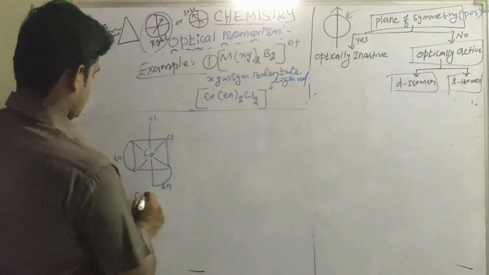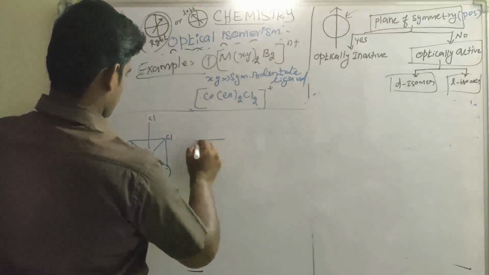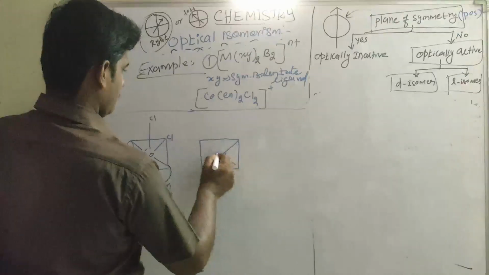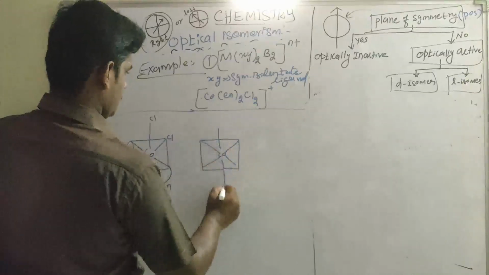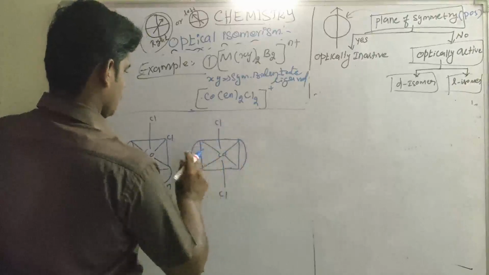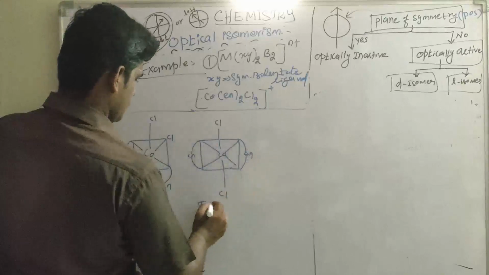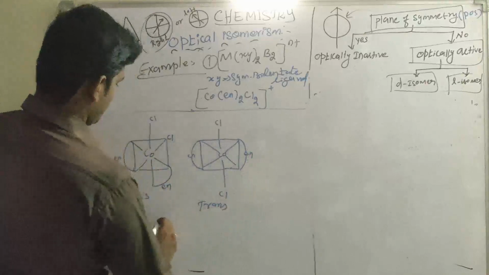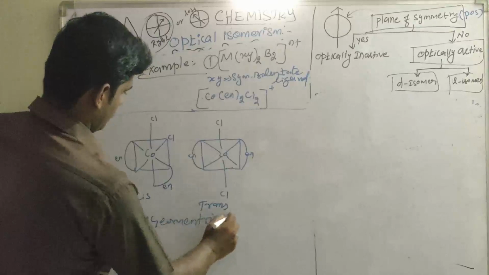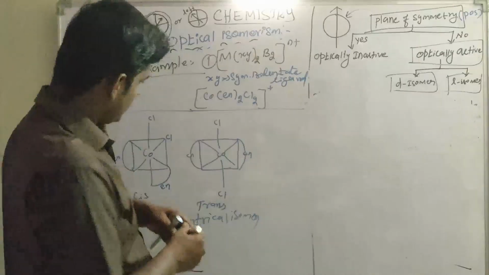It is called a trans isomer. It is also geometrical isomerism, cis and trans.